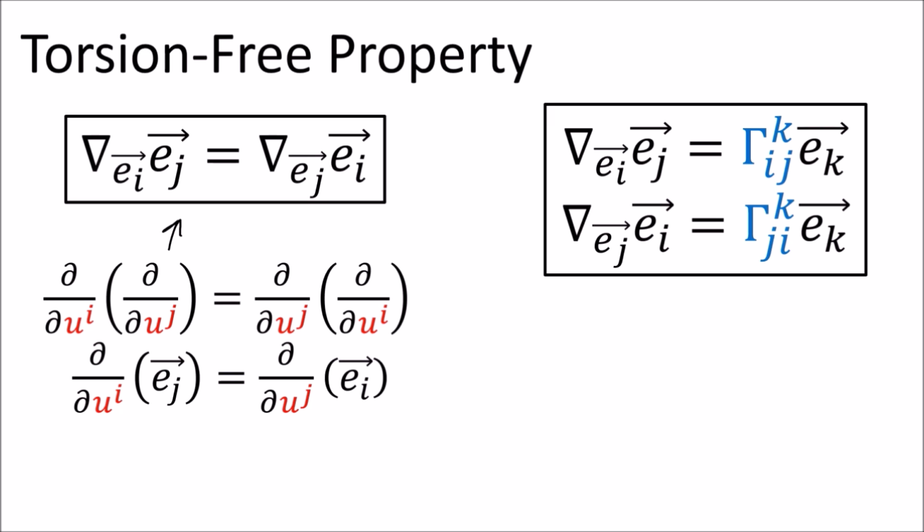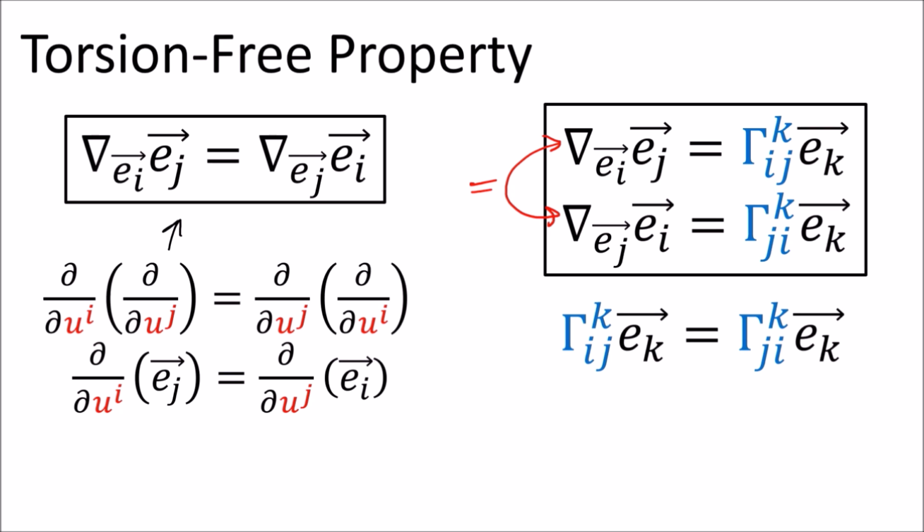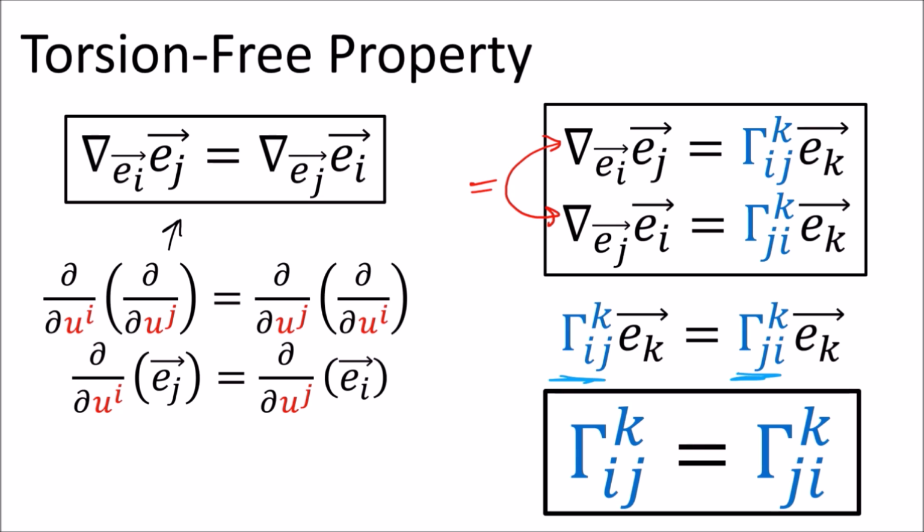So given the Christoffel symbol expansion of these two derivatives, since these two covariant derivatives are equal, we're forced to conclude that these two sets of Christoffel symbols are equal. So the torsion-free property means that we're free to swap the lower indexes of the Christoffel symbols without changing their value. The second property is the metric compatibility property.